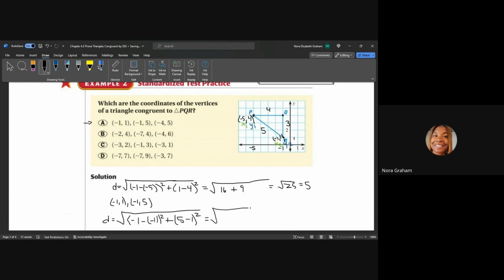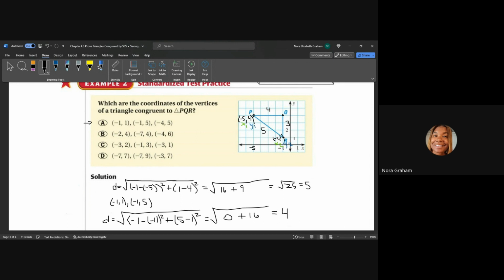Then we square root it. I'm going to get -1, of course, that turns into a plus. -1 plus 1 is going to get me 0. 0 squared is just 0. 5 minus 1 will give me 4. 4 squared is 16. That just gives me the square root of 16, which is just going to give me 4.